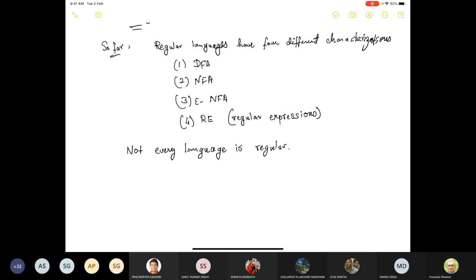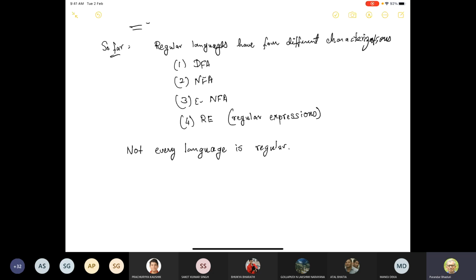And how do we show that a language is not regular? None of the things we have seen so far will help us do that. I mean, how do you show that there is no DFA which accepts a given language?